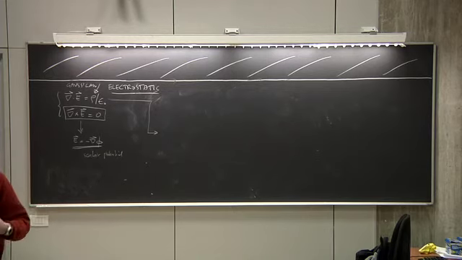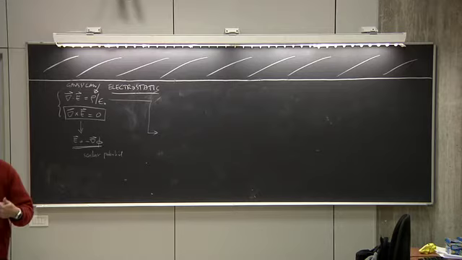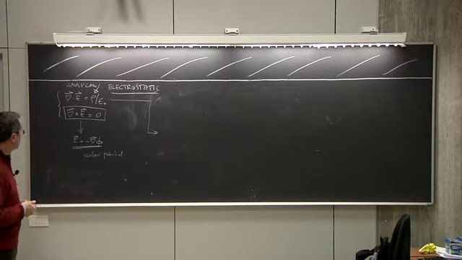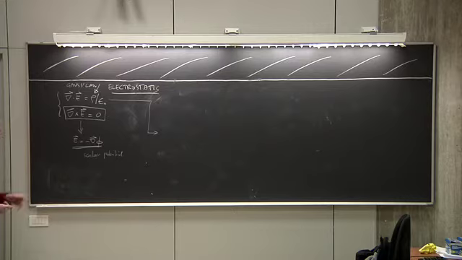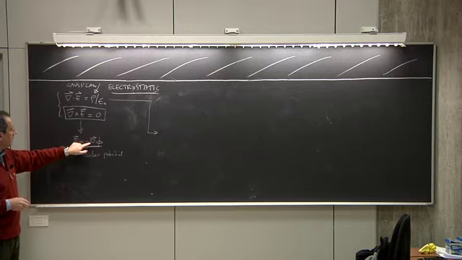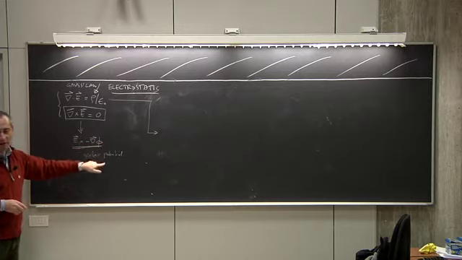attractive, and from alike charges it is repulsive. The field is 0 independently of this, and then this is part of what you call the potential.